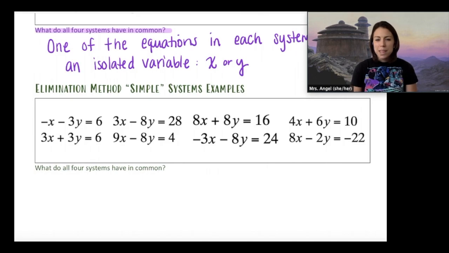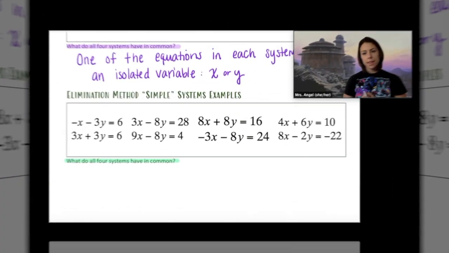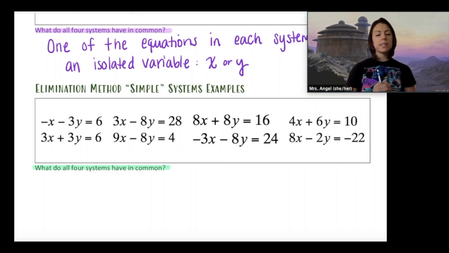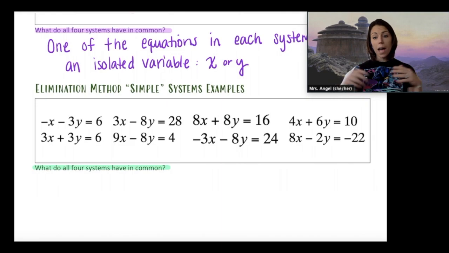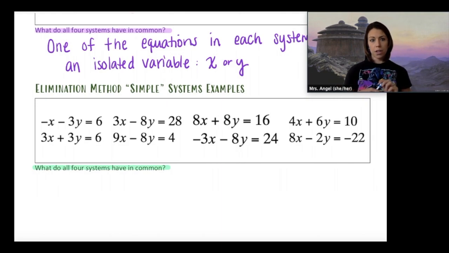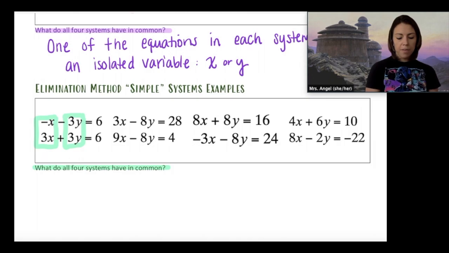Let's wrap up with the elimination method. So now ask yourself, what do all four of these systems have in common? This was a little bit of a tougher one, but something that I noticed with these systems is that there are no isolated variables, not even close. And another thing that I noticed is that the variable terms are lined up on top of each other. You've got x's on top of x's and y's on top of y's.